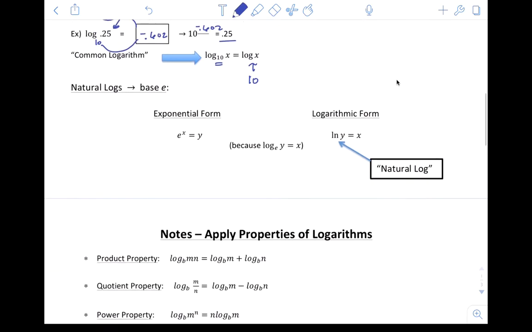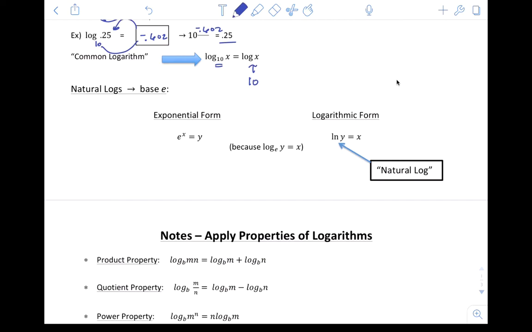It's going to take some getting used to. It's not difficult. As long as you understand what bia and bay mean, you're pretty solid. And remember, this is exponential form. This is logarithmic form. If you want to convert from logarithmic to exponent, you loop swoop.